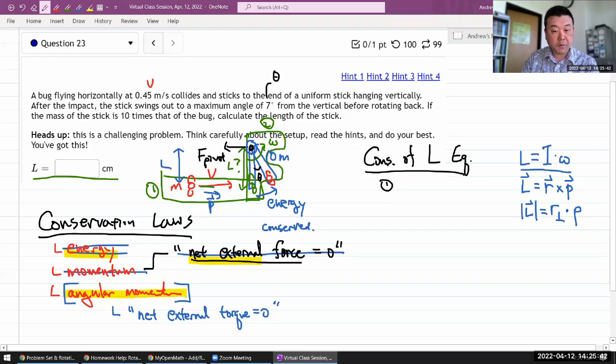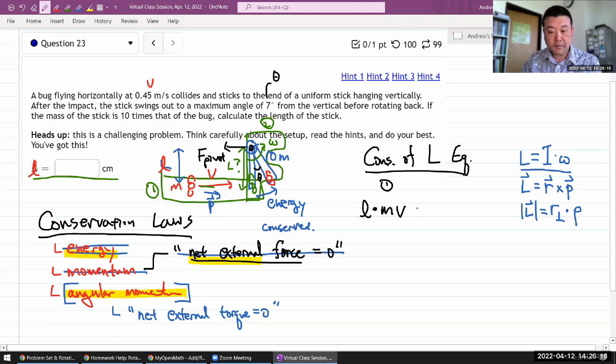I'm going to use lowercase l just so that I don't confuse myself, since capital letter is the standard letter for angular momentum. So it'll be the lever arm, lowercase l, times the momentum, which is mv. That's the angular momentum in snapshot 1. The stick isn't moving, so it has zero angular momentum.